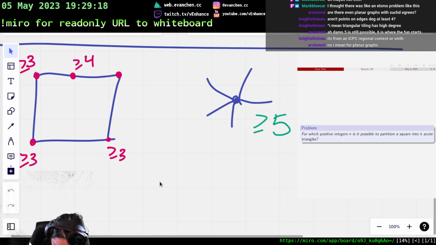Can I get even one example of... Actually, I guess if I look at the ICPC, it will probably give me one example of a valid tiling.